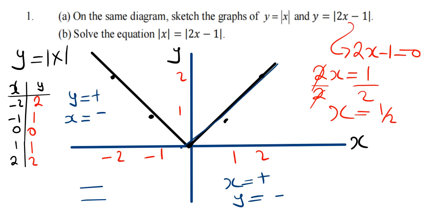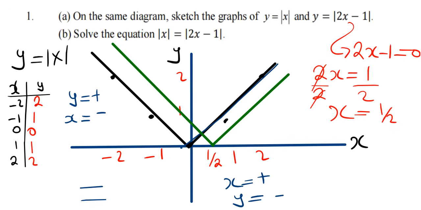It means our graph for this other equation is going to start, instead of starting at 0, 0, at a half. Let's say half is somewhere there. So this graph is going to be different. Of course, it's going to pass through that point and go in that direction. That is how you're going to draw them on the same graph.